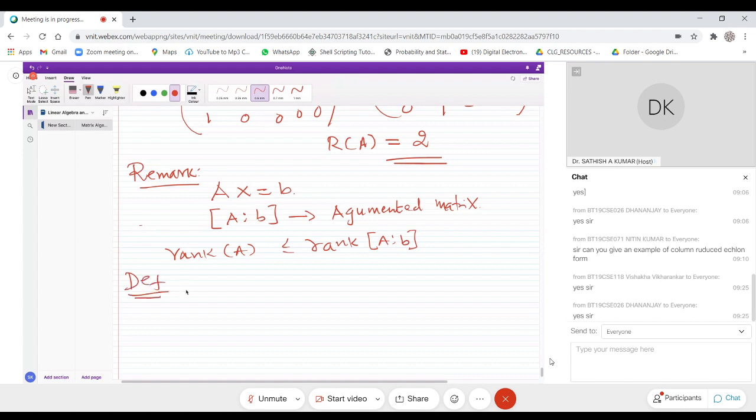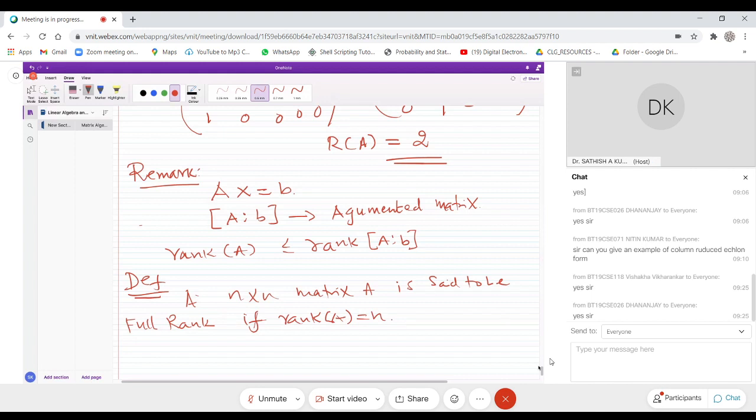A square matrix, or an n by n matrix A, is said to be full rank if rank of A equals n.